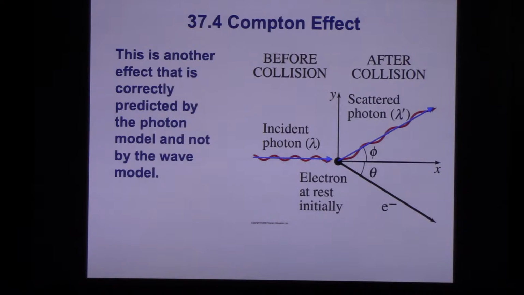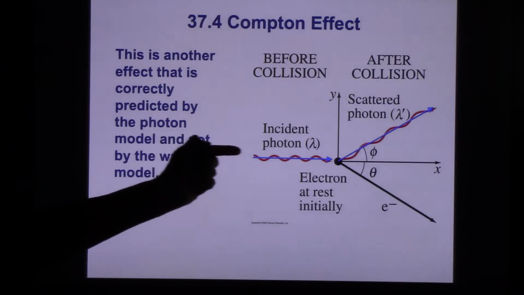As a result, we can treat the electrons in a material as having really, really low energies. So we kind of ignore the energy of the electrons initially, even though there is energy there.